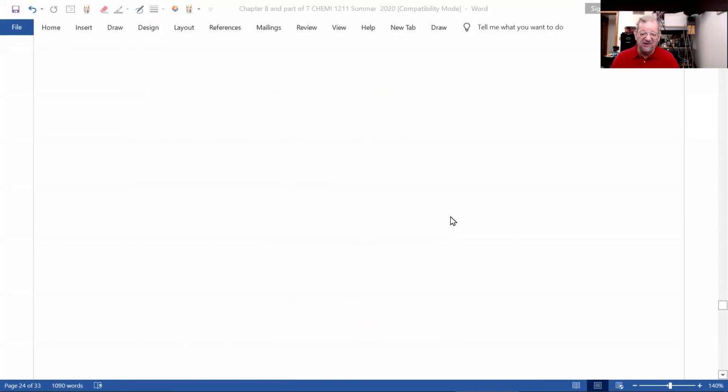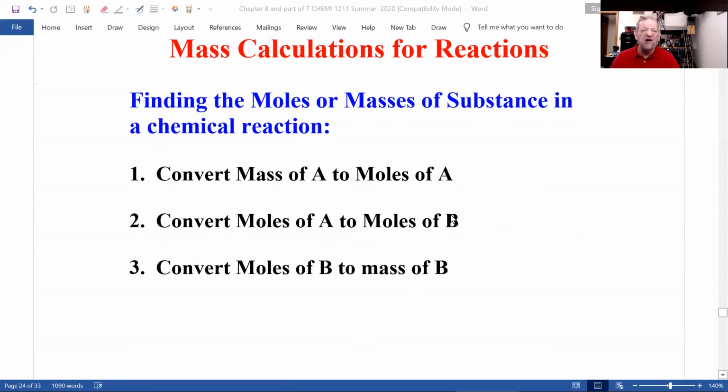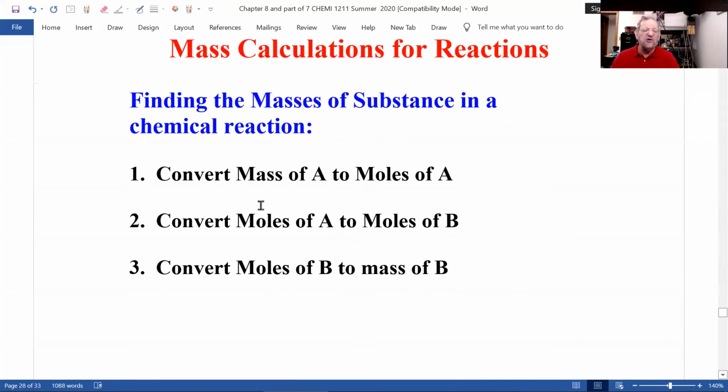We did our practice time. For mass calculations for reactions, mass means grams. You need 3 steps.